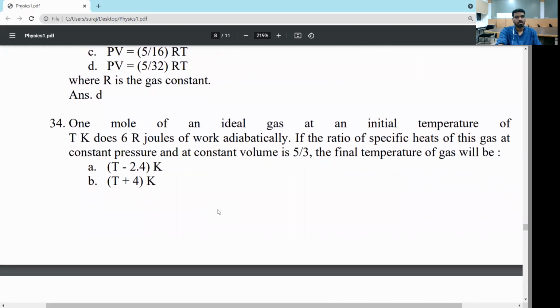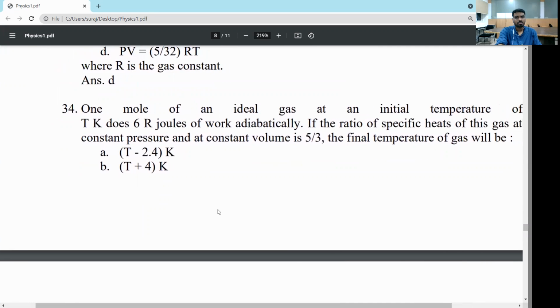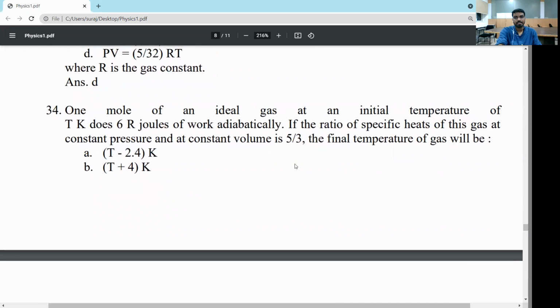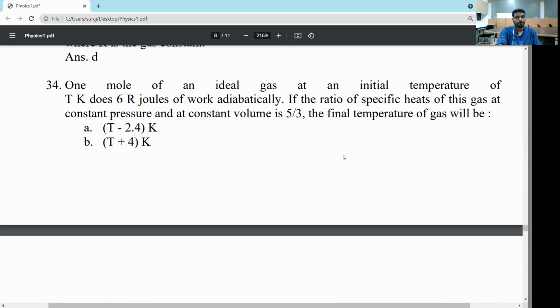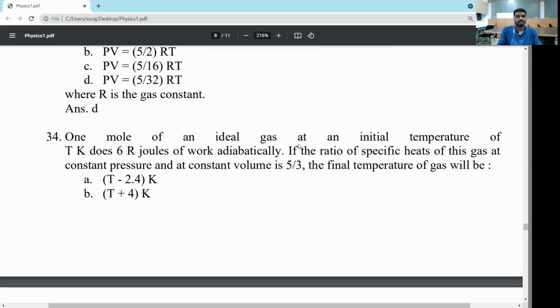34. 1 mole of an ideal gas at an initial temperature of T Kelvin does 6 joules of work adiabatically. If the ratio of specific heat of gas at constant pressure and at constant volume is 5 by 3, find the final temperature of gas. Number of moles is given, 1 mole.